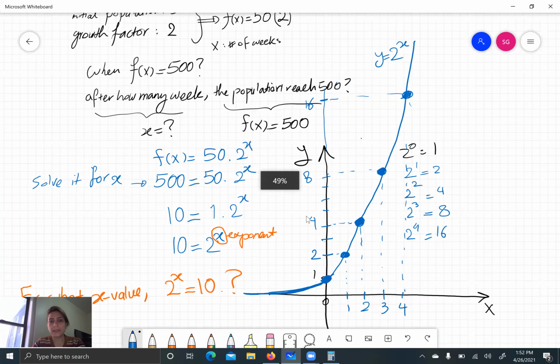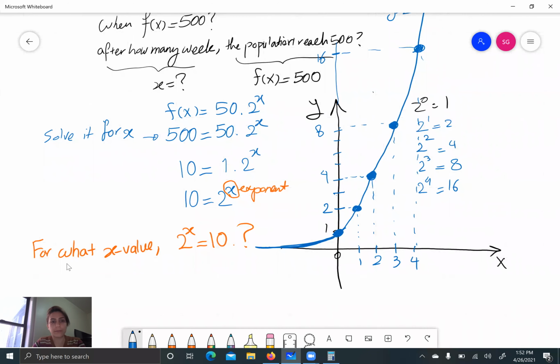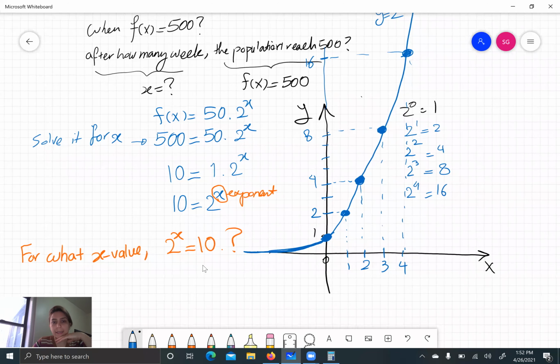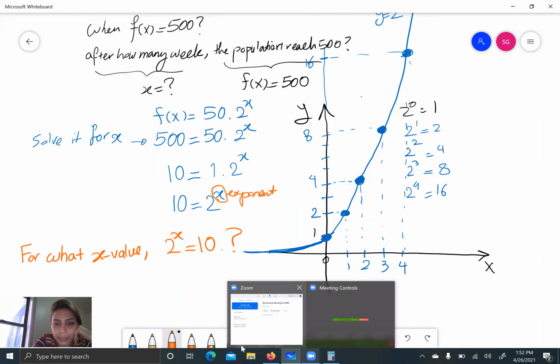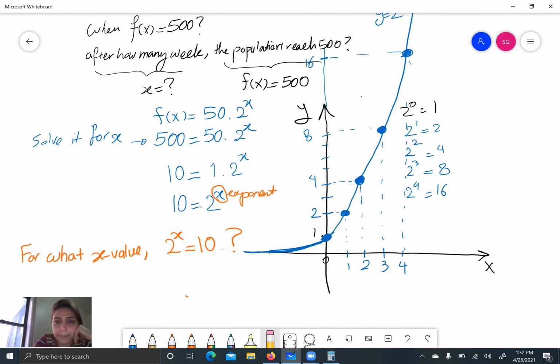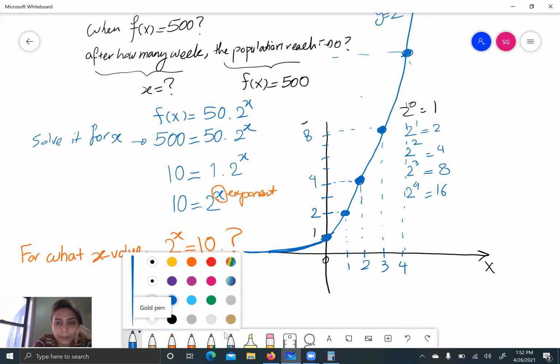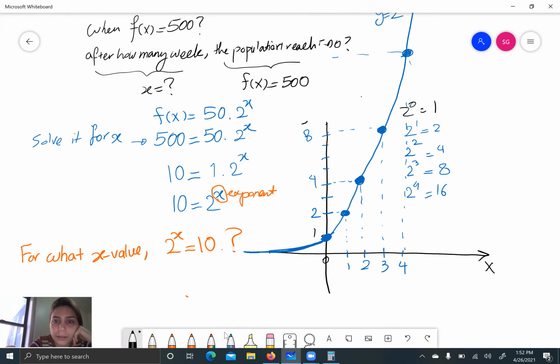Okay, so let's look at the question. What was the question? For what x value is 2 to the x equal to 10? So where is 10? Let me make my graph better. This is 16, so 10 is somewhere here. 10 is almost here, right?